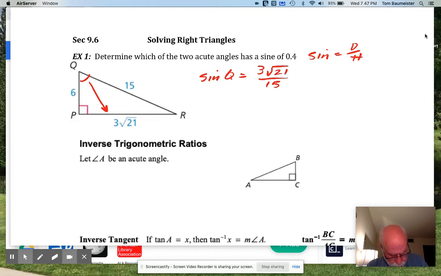Now I can take the 3 and the 15, since they're numbers, I can reduce those. So if I do that, I'll get the square root of 21 over 5. And if I plug that into my calculator, I'll get 0.9165.